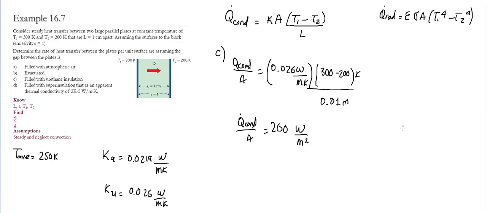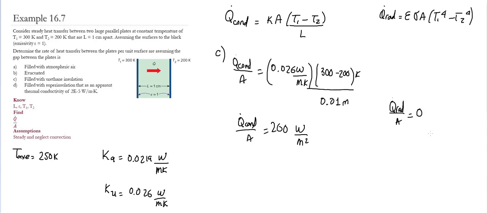Now for this part, what we assume is that the material is very opaque, therefore it will be able to block the radiation waves that go from one plate to the other one. And what that means is that for this particular case, we have that the radiation component is going to be equal to 0.